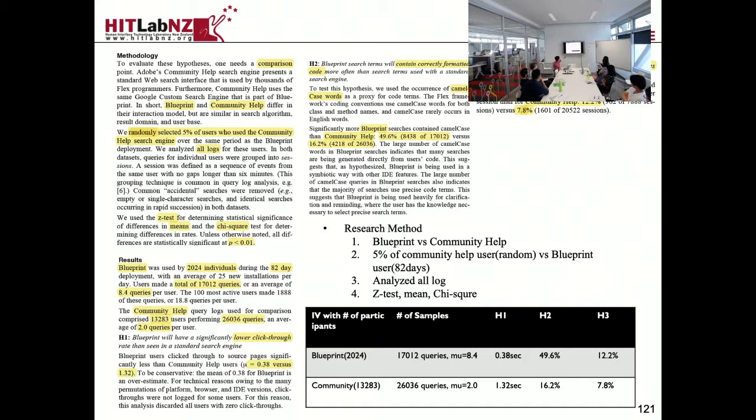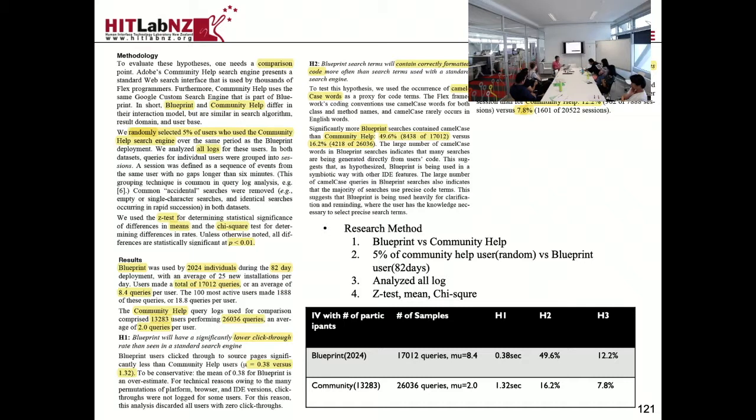And then I also made the result here. The interesting thing is how he determined the number of participants. Because the blueprint user is explicitly defined, right? But how can we define the actual number of participants for general users, for traditional users?